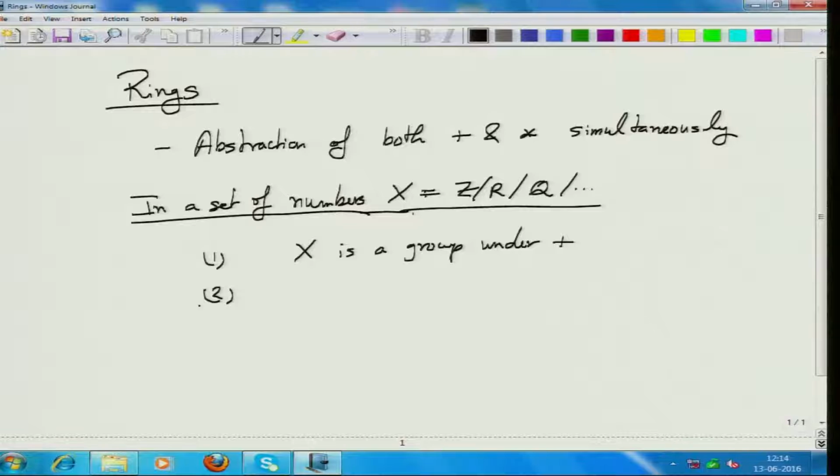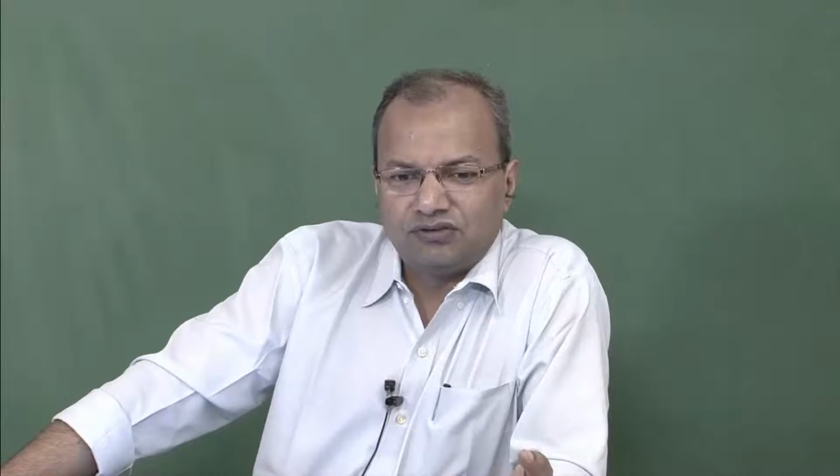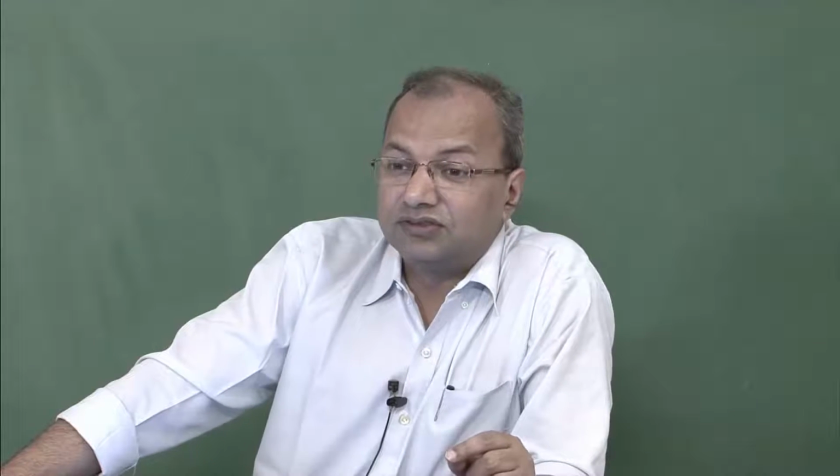Now, what can we say about this set under multiplication? For some of these sets, like real numbers or rationals, the non-zero numbers form a group under multiplication. We have also seen that. But it is not true in the case of integers. In the case of integers, we don't get a group under multiplication.